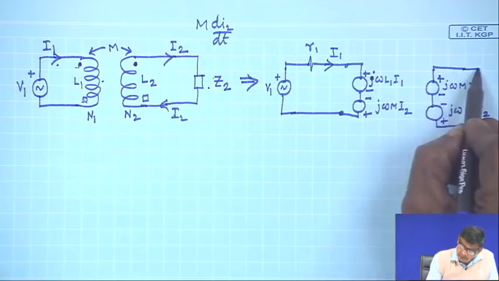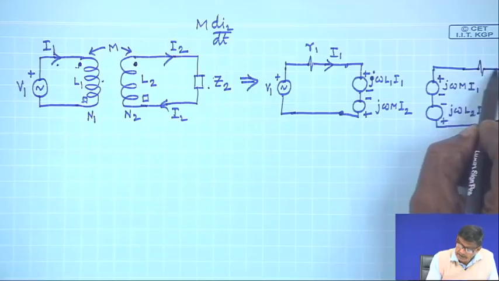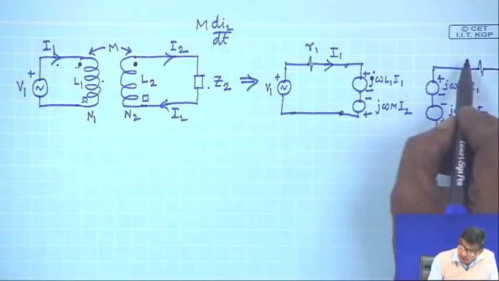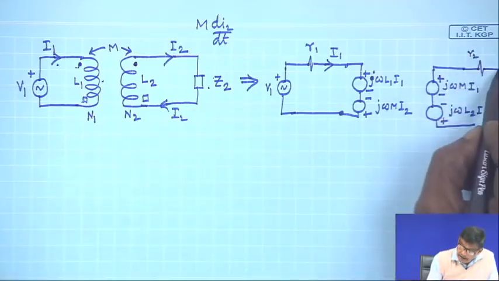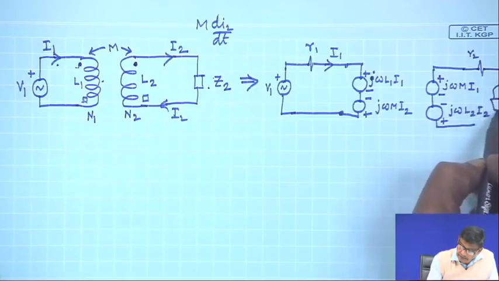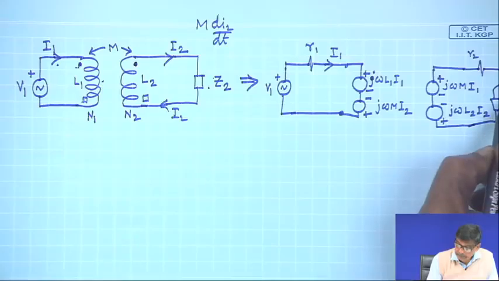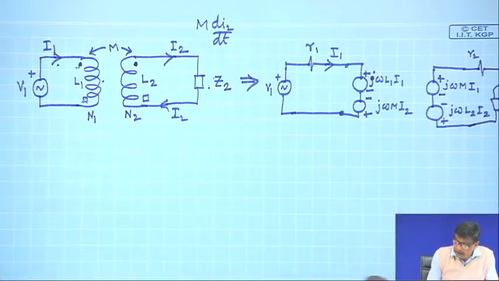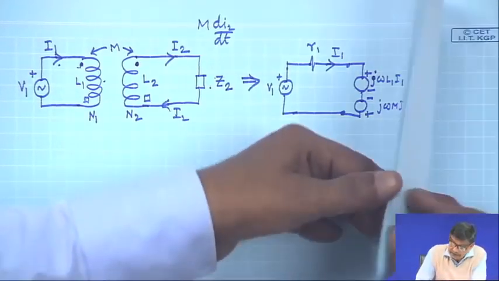And then of course, if the winding has a resistance, you have R 2, and then you have this Z 2 connected. I think I will move it a bit this side.